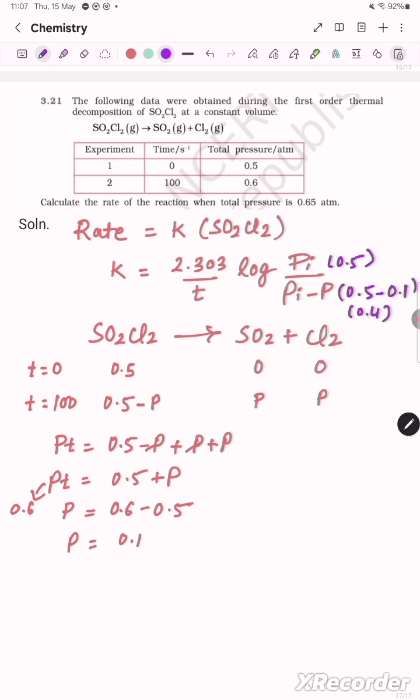So putting this value in this equation, K is equal to 2.303 by time.